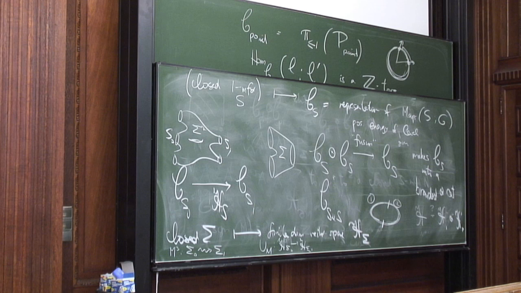When we have a loop group and a representation of it, so we have a circle and a group valued function defined on that, the group of those things is acting by one of these positive energy representations on some infinite dimensional Hilbert space.